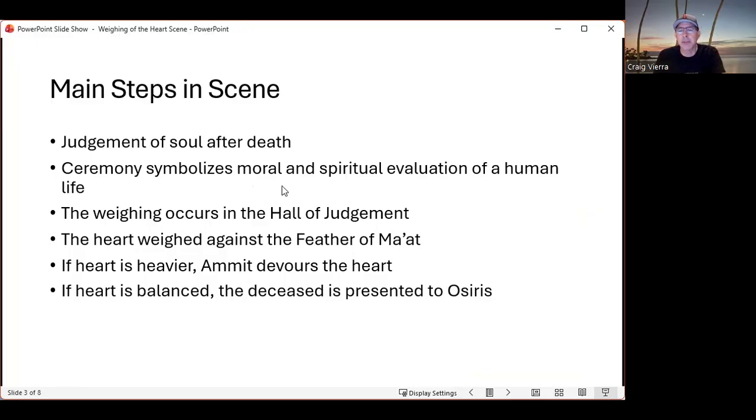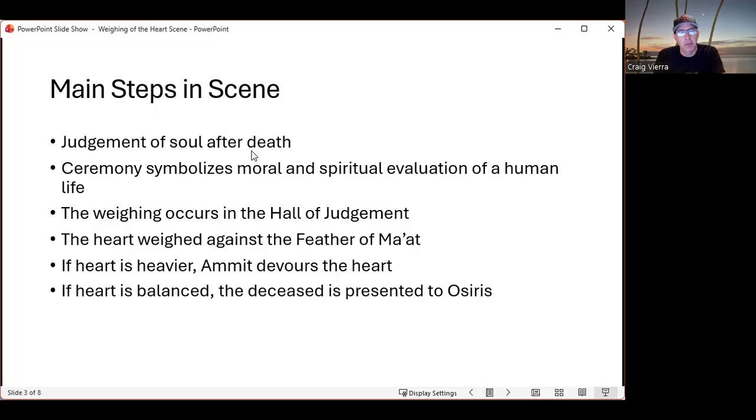Okay, so the main steps. I mentioned some of these already. We have the judgment of the soul after death. So this is what is happening. The soul is being judged. Did the soul exhibit excellence of action?